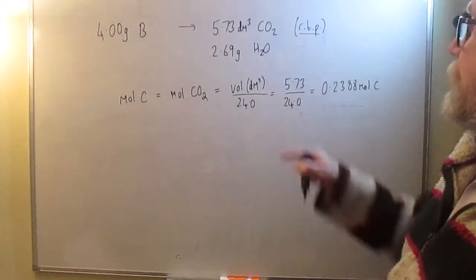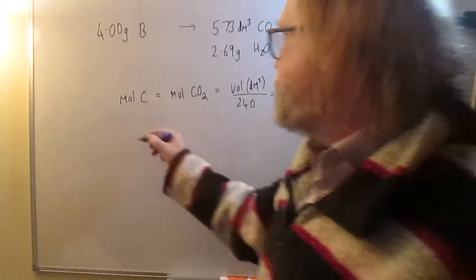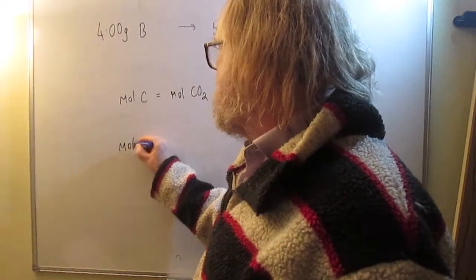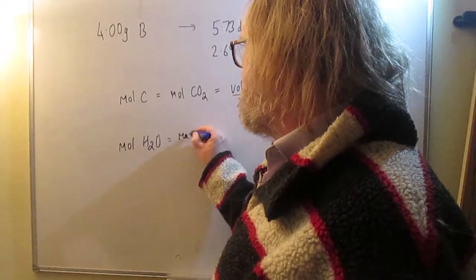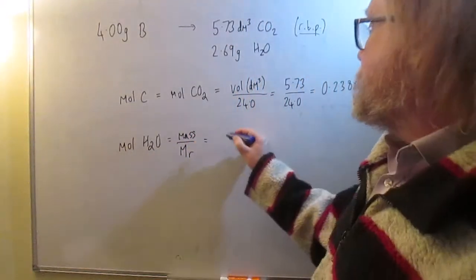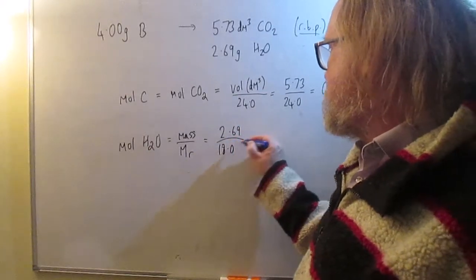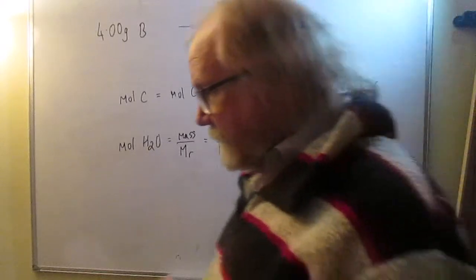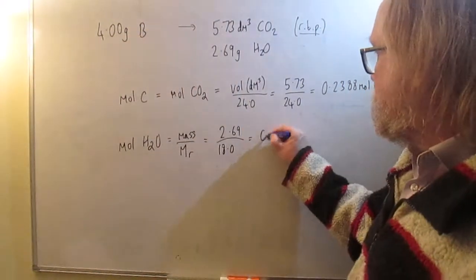It's not quite as straightforward this time because there's 2 moles of hydrogen in each mole of water, so let's just get the moles of water first. So the moles of water is mass over Mr, which is 2.69 divided by 18.0, which comes to 0.1494 moles.